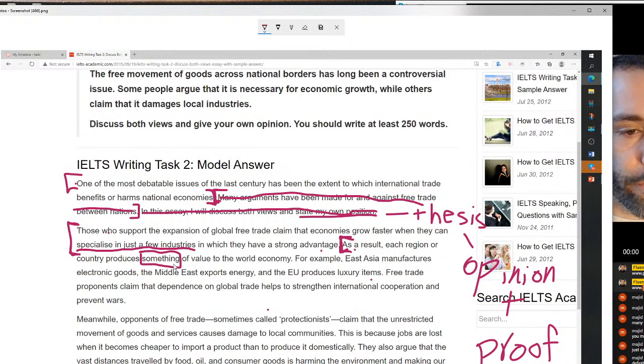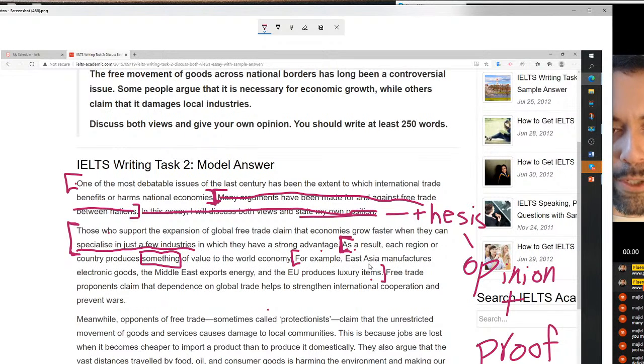"As a result, each region or country produces something of value to the world economy." That's a big statement to make. You're saying that when this happens with the economy, each country produces something of value. How are we going to prove it? "East Asia manufactures electronic goods, the Middle East exports energy, and the EU provides luxury items." I'm missing a little bit of the connection between how these things are connected to free trade.